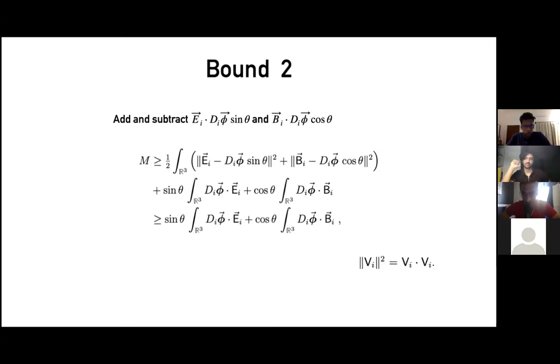And once again, the idea of bounds is basically to look at the positive part, and then you know that whatever's added to the positive part has to be smaller than the sum of the positive part plus that thing. So here you see that E minus D_i phi sine theta squared plus B minus D_i phi cos theta squared, those are positive.